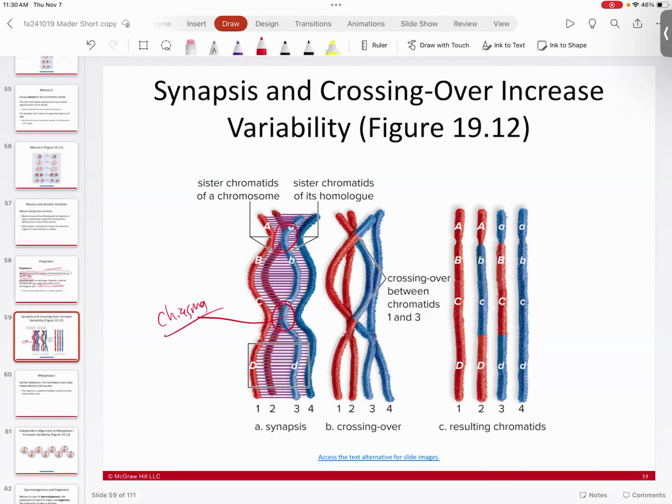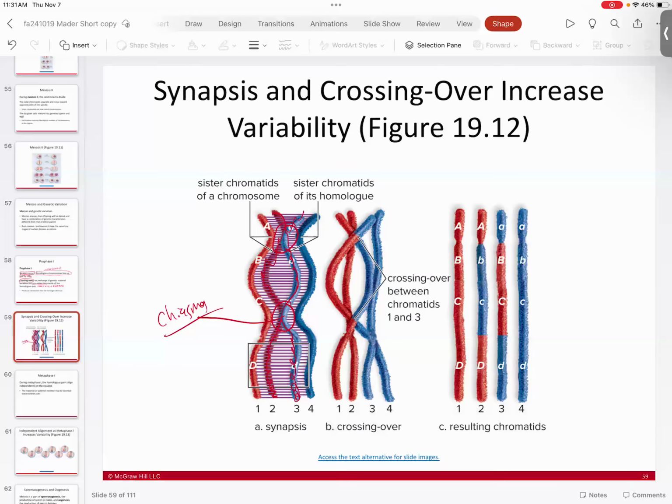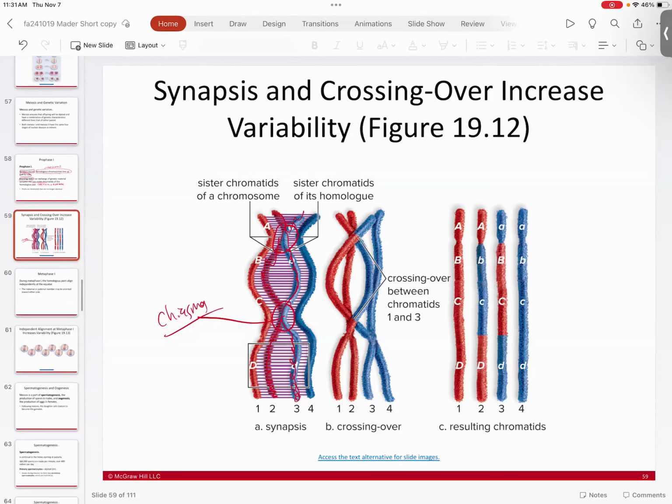So for instance, if I were to follow this chromosome, I would go down here. As soon as I hit a chiasma, I have to cross over to the blue one. When I hit another chiasma, I have to cross over to the red one. So this one starts off as red, then goes blue, and then ends as red again. The other one starts off as blue, crosses over to the red, and then ends up as blue again. So it's just the opposite. You can see now how you have four genetically different types of chromatids.